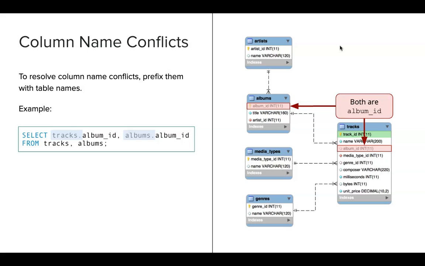So this right here is going to give you back all the results that pertain to your conditions in both of those tables. It's going to show me all my IDs for both. So if there are 5 albums, I'll see 5 album IDs. If there are 10 tracks, I'll see 10 IDs.